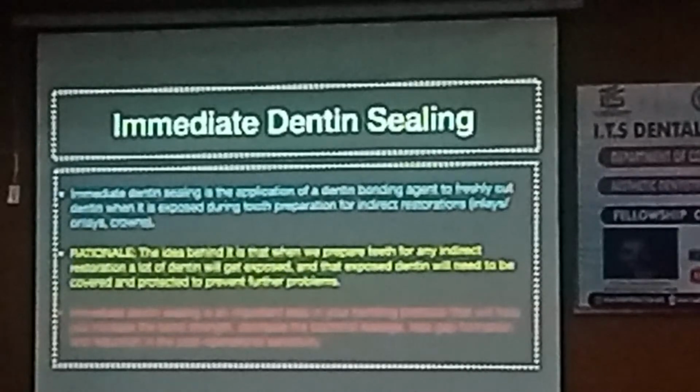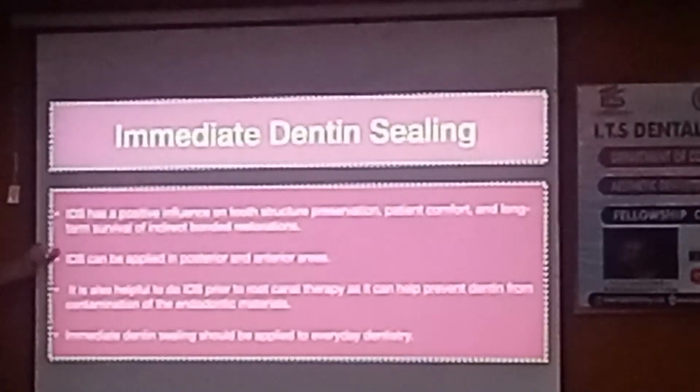So how do we do this? That's where you're going to do your immediate dentine sealing. Immediate dentine sealing is an important step in a bonding protocol that will help you increase the bond strength, decrease the bacterial leakage, give less gap formation and reduce post-operative sensitivity, right? So the IDS, as it is called, has a positive influence on tooth structure preservation, patient comfort, and long-term survival of indirect bonded restoration.